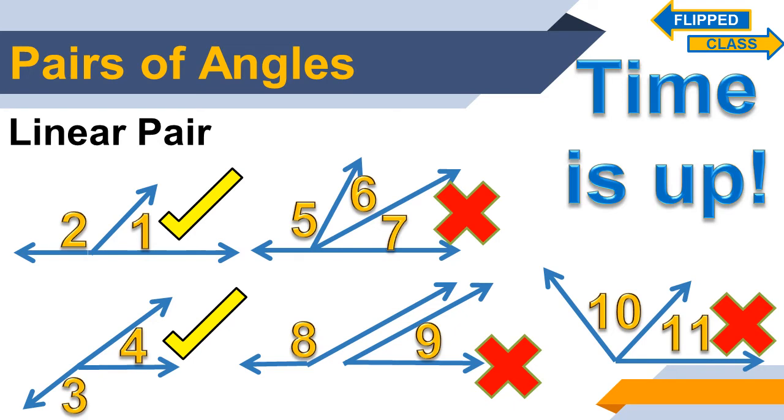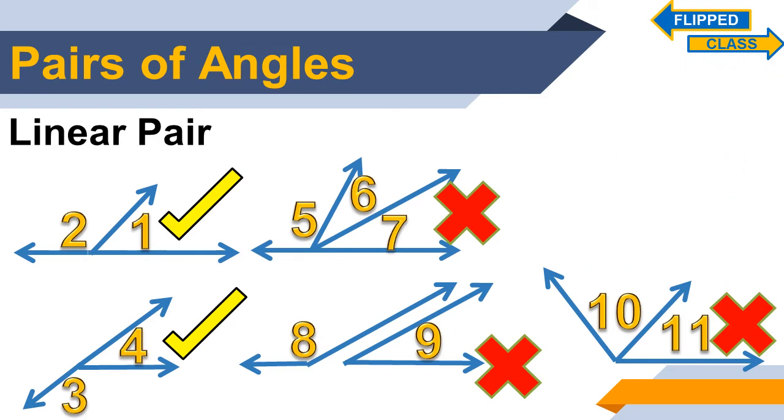Time is up. Well, angles 1 and 2 and 3 and 4 are in a linear pair because of this situation. We say pair, there must be two angles. Angles 5, 6, and 7, there are three of them. Definitely, they do not form a linear pair.